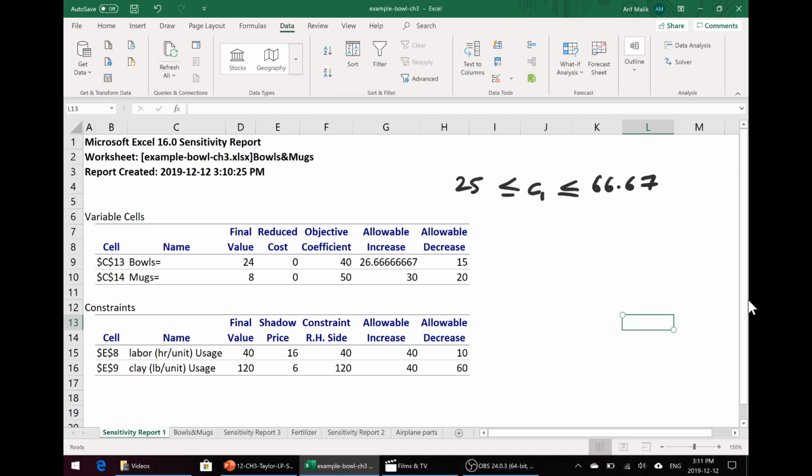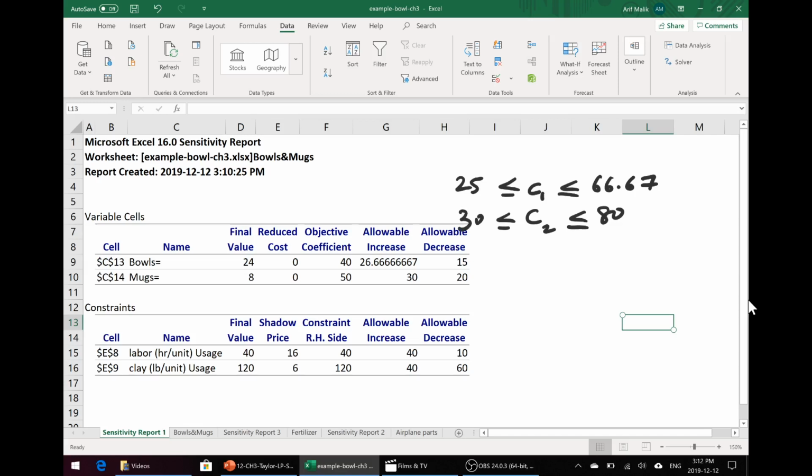All right, and then we have C2. C2 is 80, 50 plus 30, and 50 minus 20 is 30.